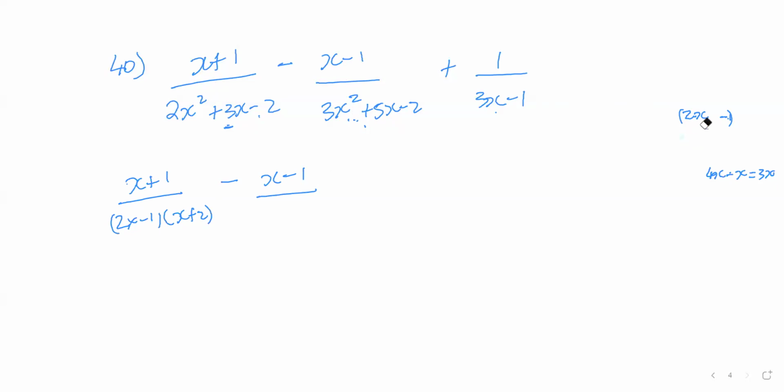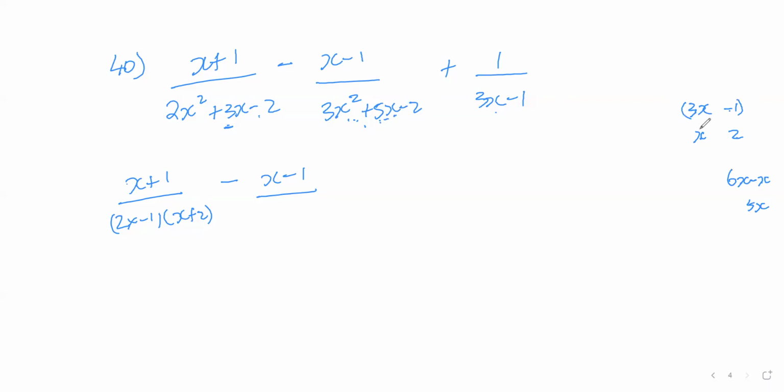Let's look at the factorization of this expression. The factors of 3x² are 3x and x. The factors of minus 2 are minus 1 and 2. Cross multiply: 3x times 2 is 6x, x times negative 1 is negative x, and 6x minus x is 5x, exactly my middle term.